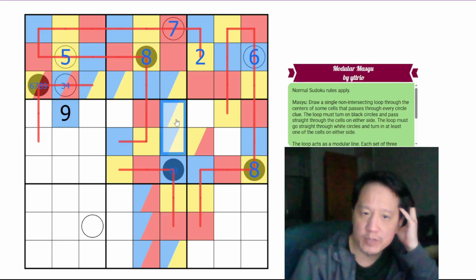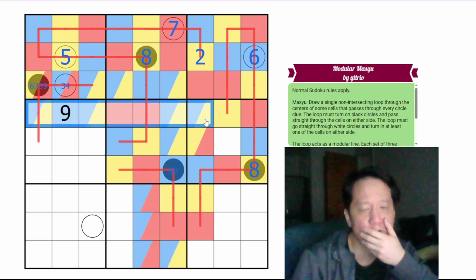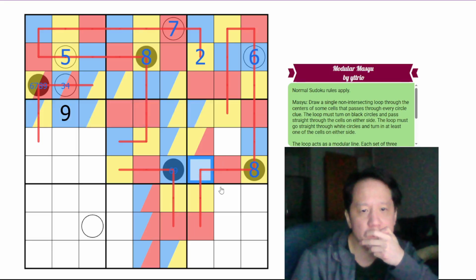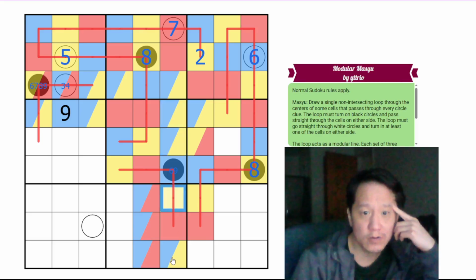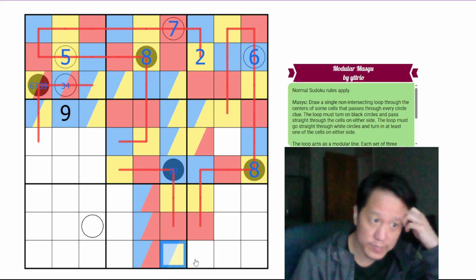So this has to be a blue-yellow pair, because we have 2 blues and 2 yellows here, so this must be red, which forces all of these to be blue-yellow pairs, because we have 3 reds in row 4. So this is one of each. This is yellow. This is blue. So this must be one of each also.